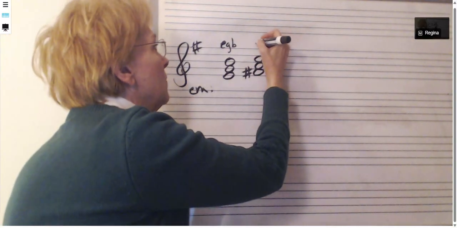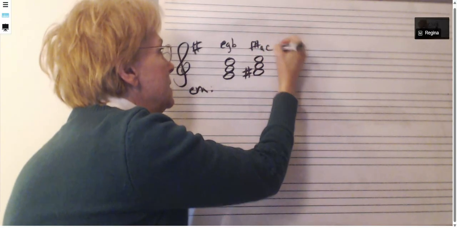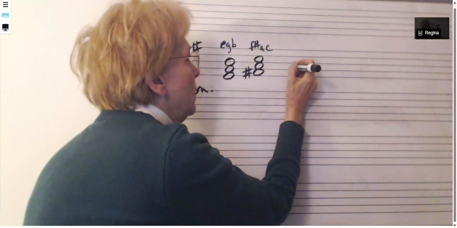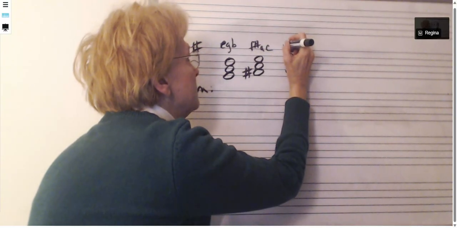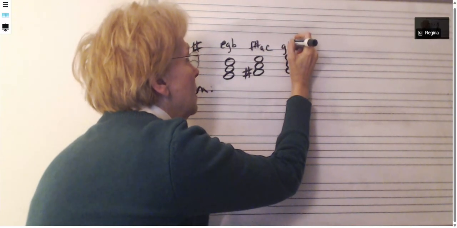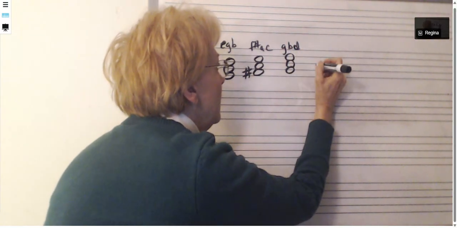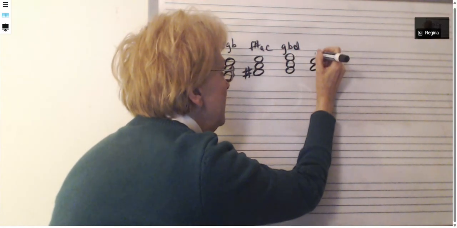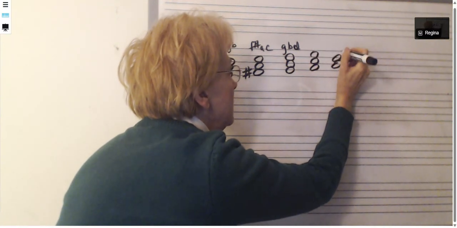So we'll label them in just a minute. All right, so we have F sharp, A, C. Then we have a G, B, D. And then A, C, E, then B, D, F sharp.